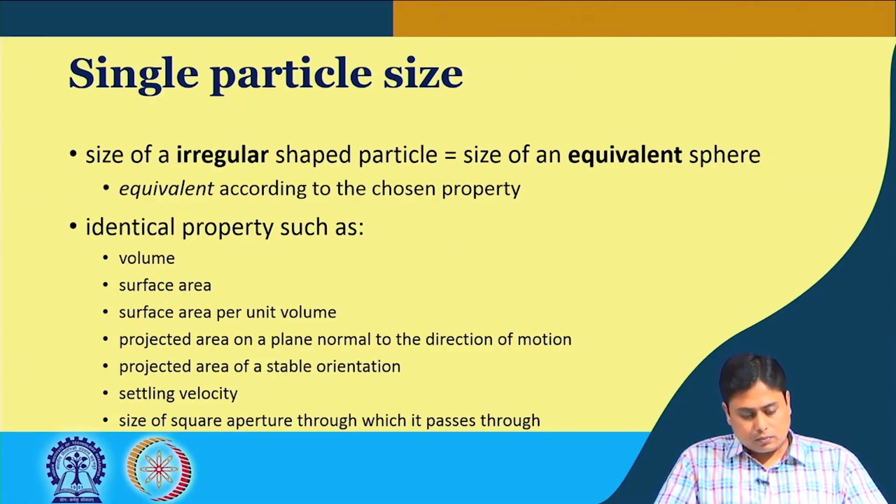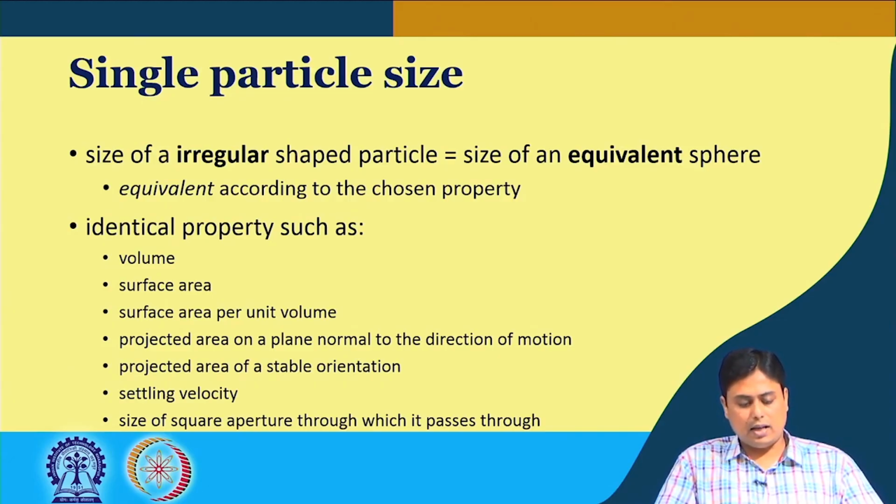Similarly, settling velocity. As I said in my introductory lecture of this class, basic fluid mechanics knowledge is essential to understand this course. You may have heard about Stokes' law. We will again refresh your memory in the later stage of this course.